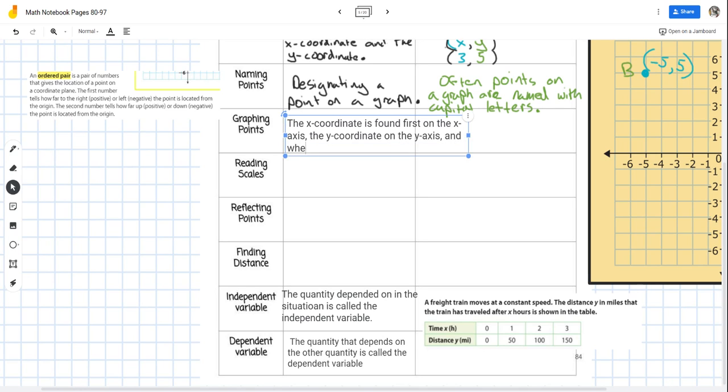And where those points converge, points meet on the graph, on the coordinate plane, is where the point is placed.